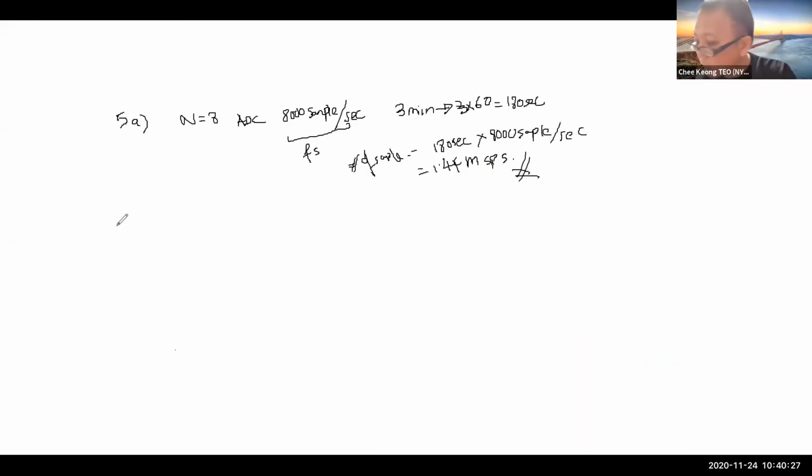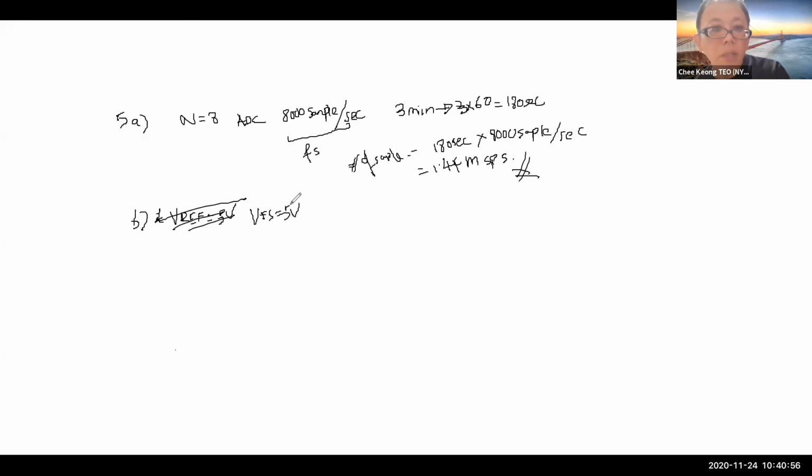Now part B, it says that your reference voltage is 5 volt, right? Sorry, V full scale, not Vref. V full scale equals 5 volt, right?